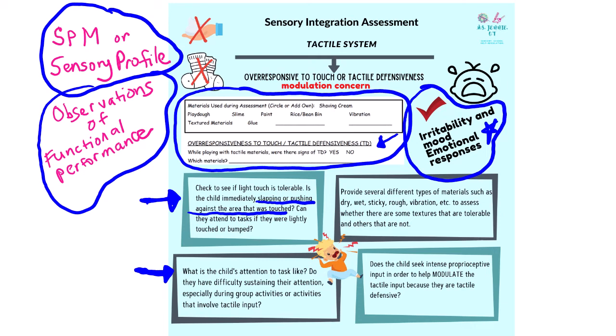They have a difficult time sustaining their attention because their nervous system is worried. They are worried that something will push them or something will be uncomfortable. That's their nervous system. And so their attention is always somewhere else because they are anxious and worried. So you will have to take a look at their attention to task and see if that tactile defensiveness is really affecting their attention.